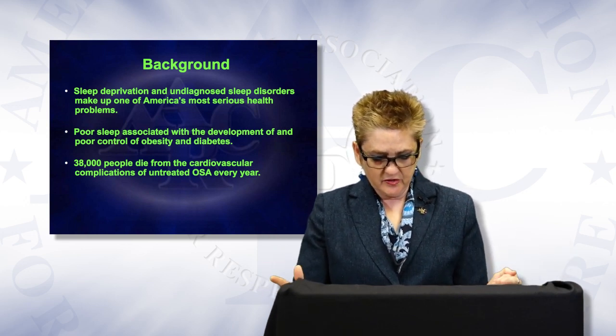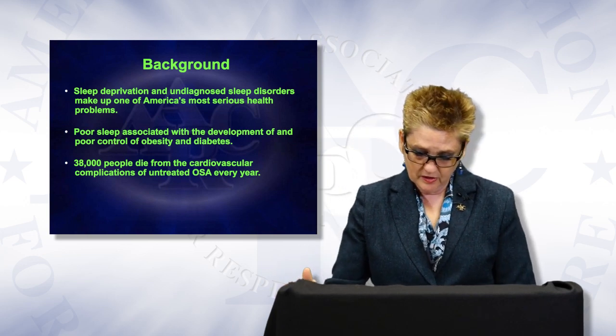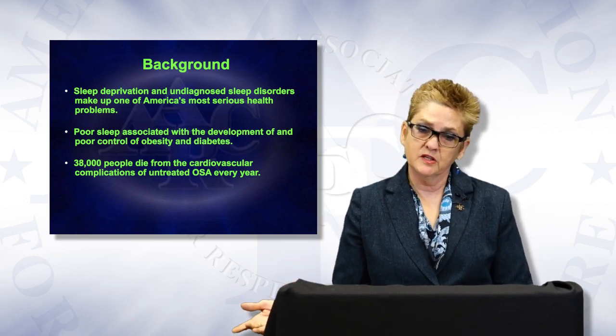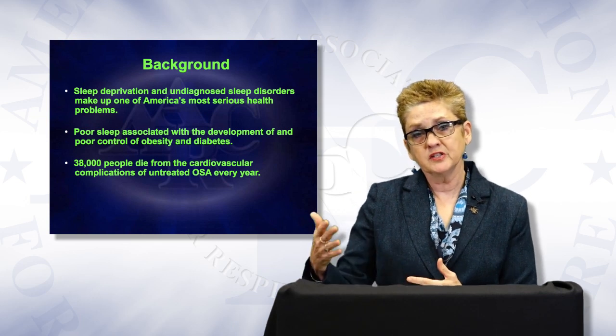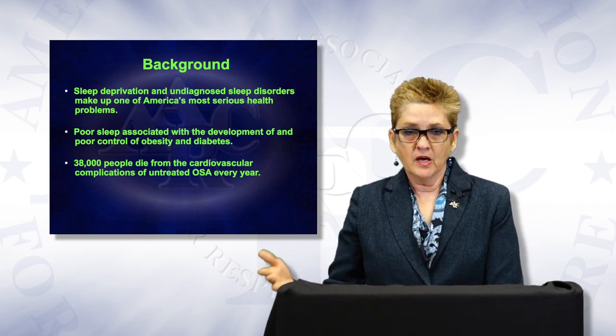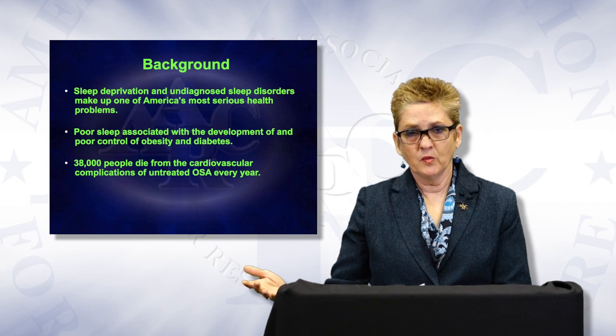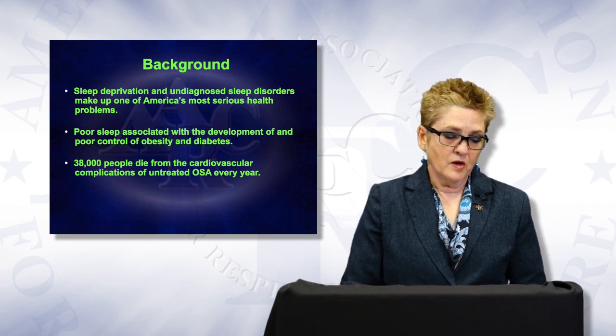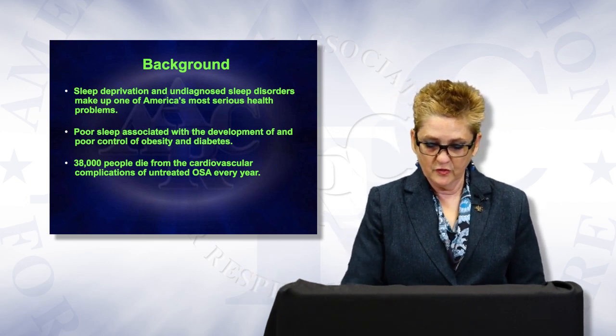We need a better understanding of how older age differs from middle age because, as our population gets older, this will be a significant health problem in the future that we need to be addressing now so that we can take care of those patients.